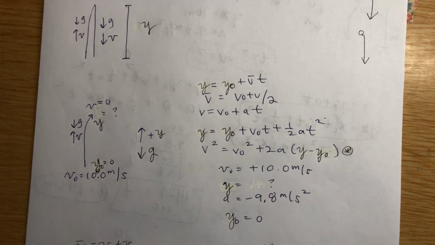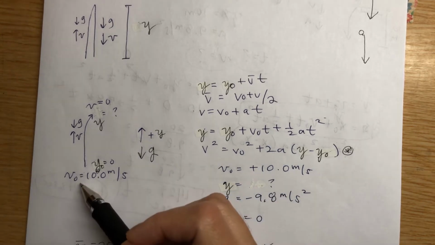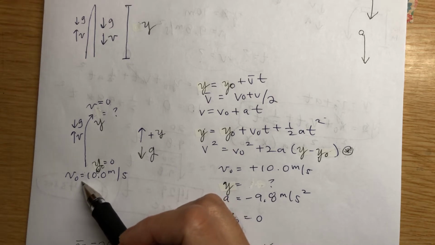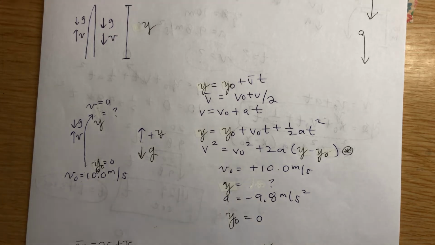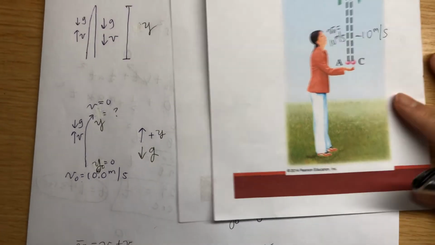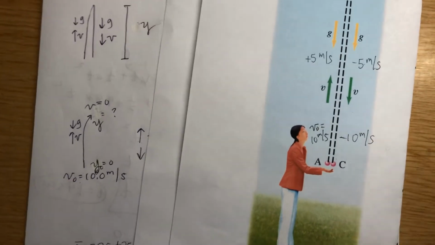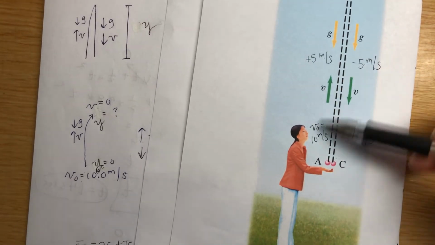So I want to find y. It says initial velocity is 10.0 meters per second, so the woman is throwing the ball up with speed.